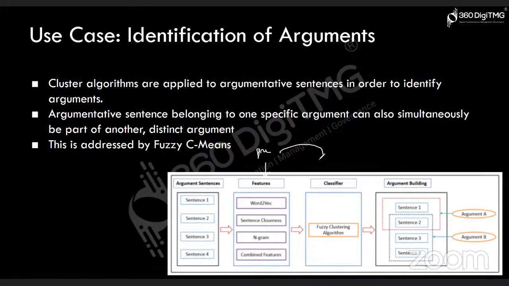After this is done, we are classifying this using a fuzzy clustering algorithm. Okay, we are making groups using this. Once this is done, then we can start building arguments. Okay, which sentences will form arguments? Which two sentences can form arguments? We will check. Okay. So this was another use case.